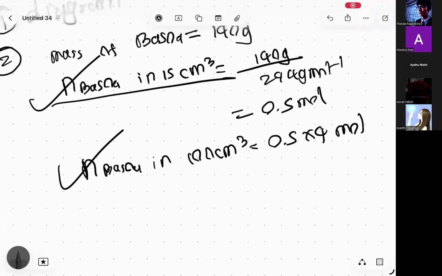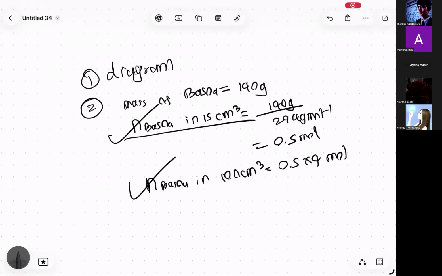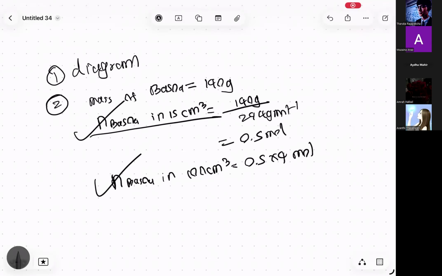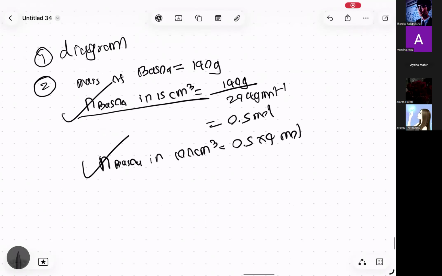Write sentences. Don't write it like math students. For example, if you check a math student's book, their notebook is like scribbles. Don't write like that in chemistry.